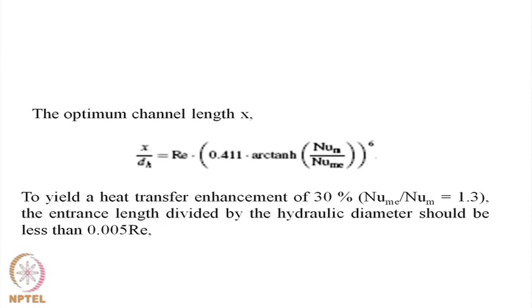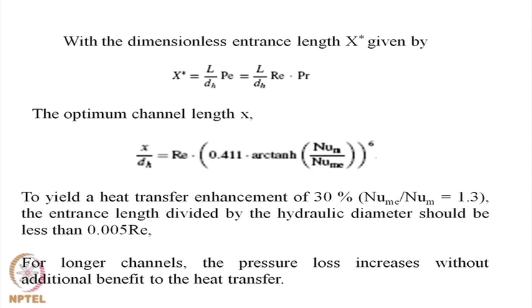The dimensionless entry length x star is given by L, which is the length of the channel, dH, which is the hydraulic diameter, and the Peclet number, which is the product of Reynolds and Prandtl number when we are talking about heat transfer, and for mass transfer the Peclet number would be the product of Reynolds and Schmidt number. From this one can obtain what would be the optimum channel length for such cases.